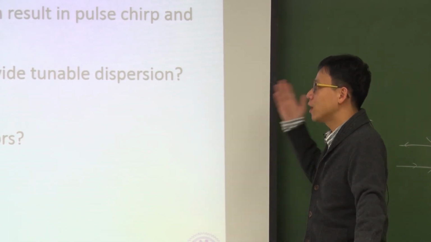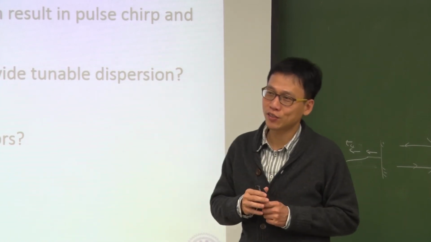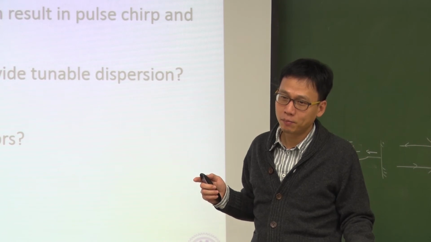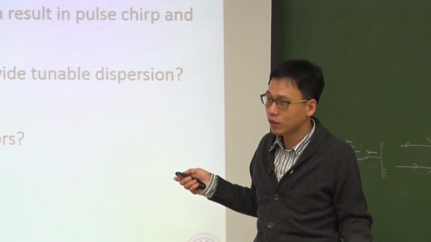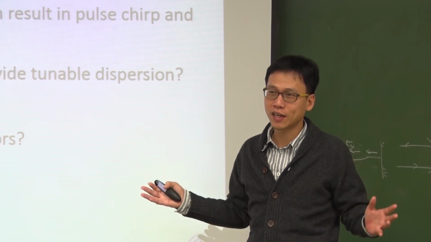Okay? But you have many different plane waves propagating along different directions. So phase front only refers to the carrier. But the intensity front refers to the envelope, the superposition of all the colors.